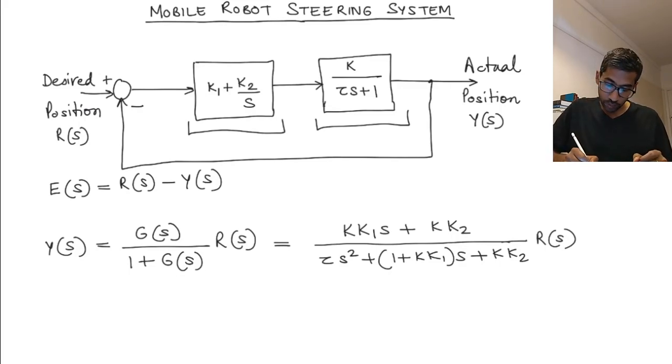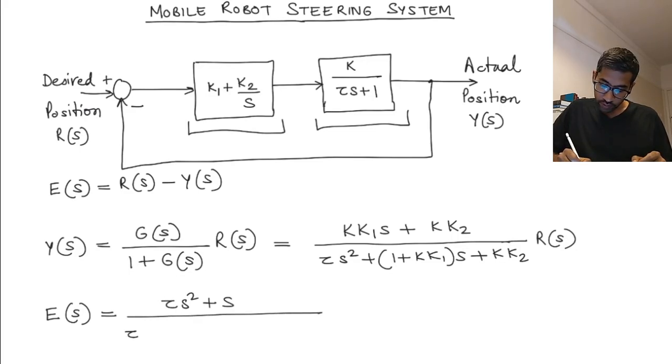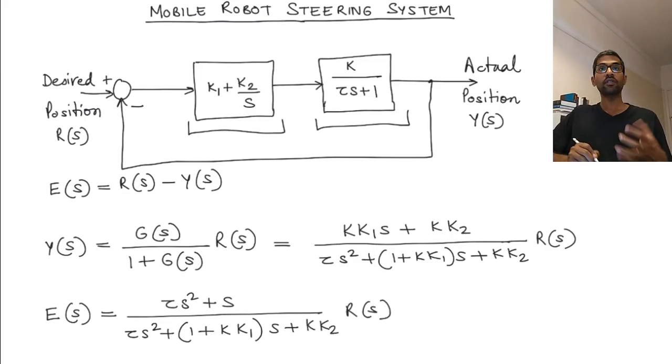And if you have this output, you can evaluate the error E(s) as being (tau s squared plus s) over (tau s squared plus 1 plus k1 s plus k2) times R(s). So that's the error that we have. And now we want to find out the steady state error of this system.